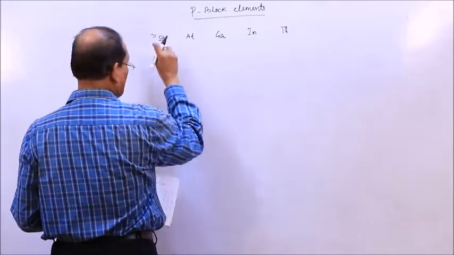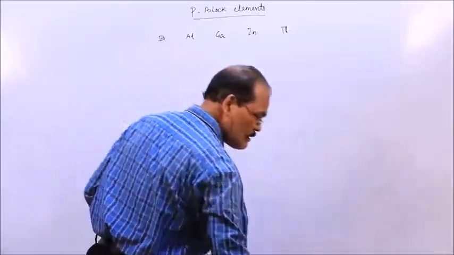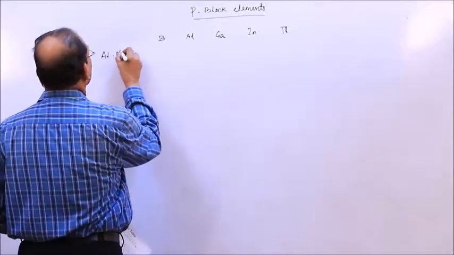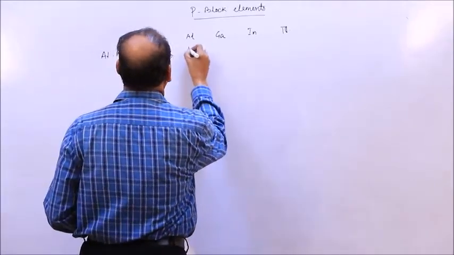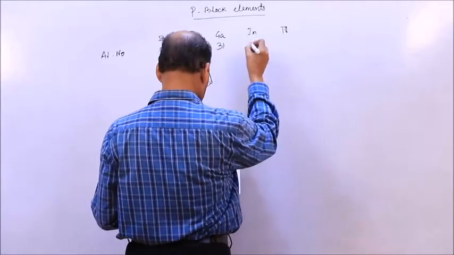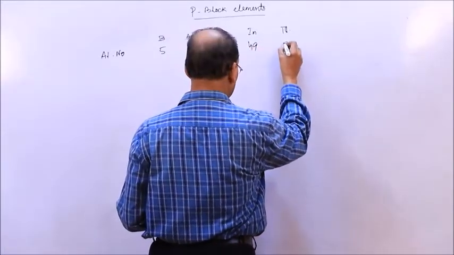Atomic number of boron is 5, aluminum is 13, gallium is 31, indium is 49 and thallium is 81.